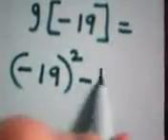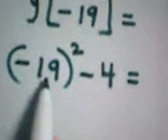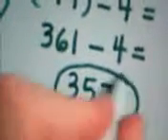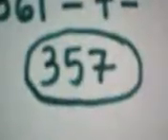When I come down here, I have negative 19 squared minus 4. Negative 19 times negative 19 is 361, minus 4 gives me the answer 357. And that's my final answer to the second part of this problem. And notice they are not equal, and that's because composition of functions is not commutative.